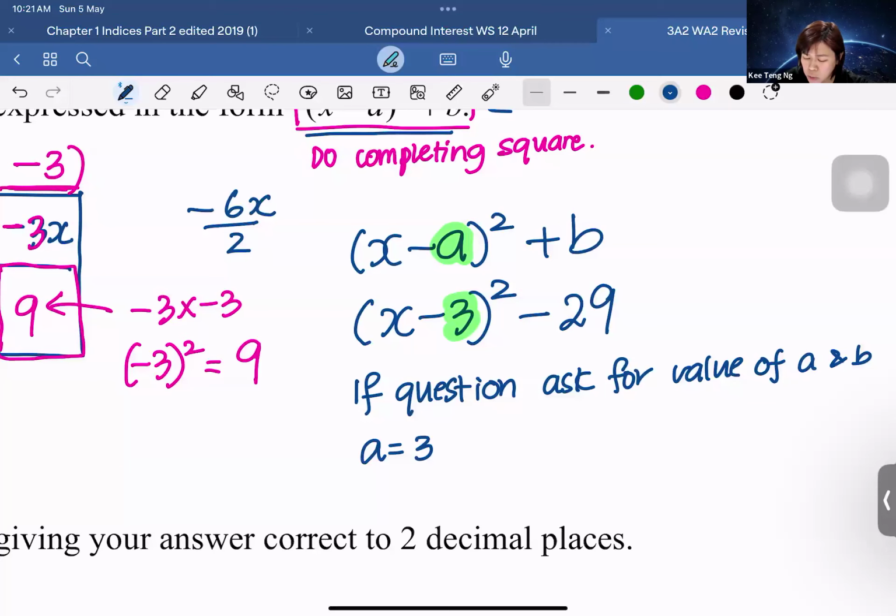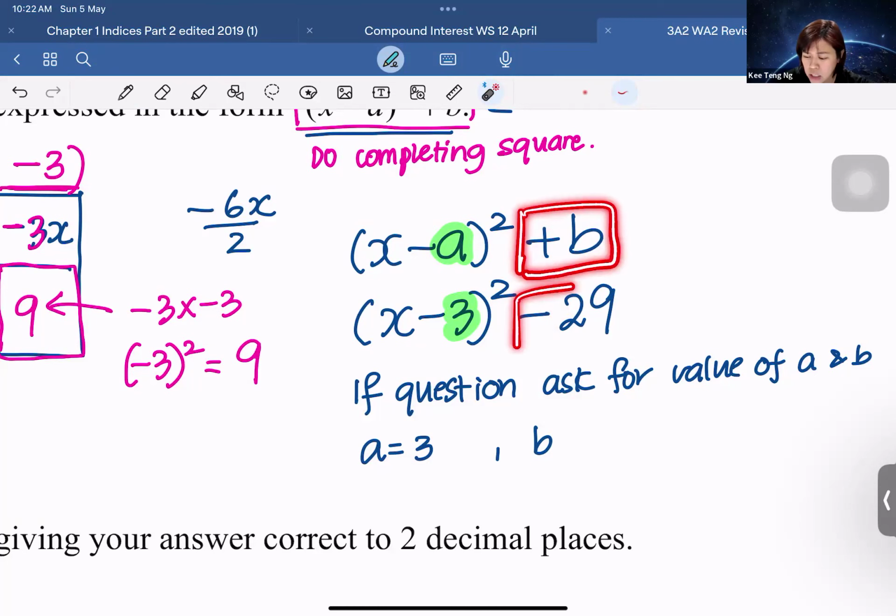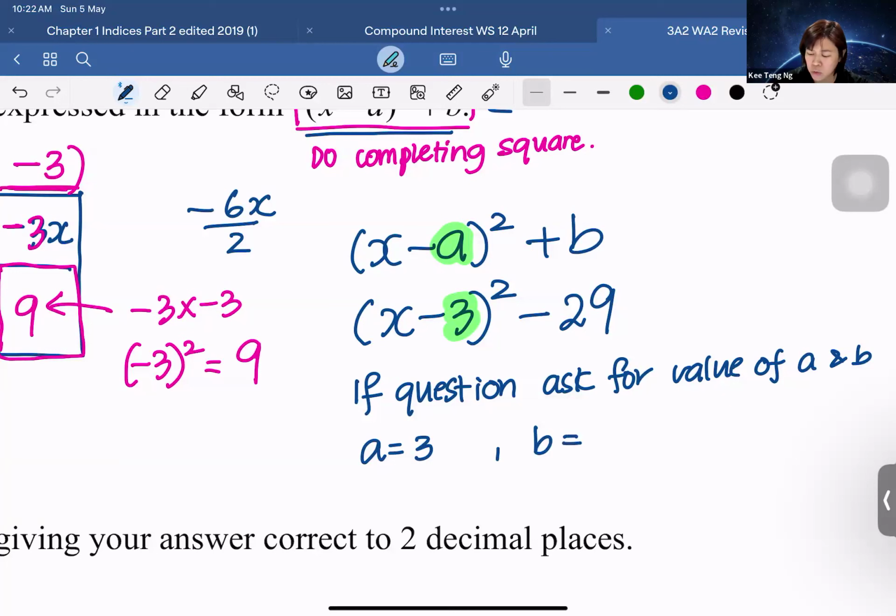If the question asks me for the value for B, what is the value for B? You notice this is a positive B, but this is a negative 29. So that means the whole portion of this is equal to negative 29, which means B is equal to negative 29.